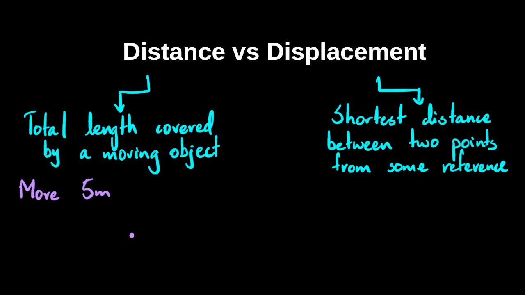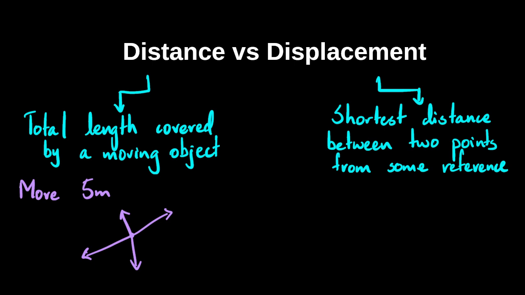I could move like this or this or this or this, whatever distance I move, I can cover 5 meters in any of these directions, or in any other direction, possibly an infinite number of directions.